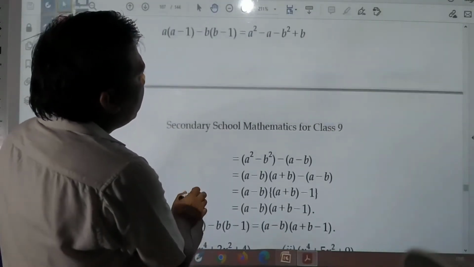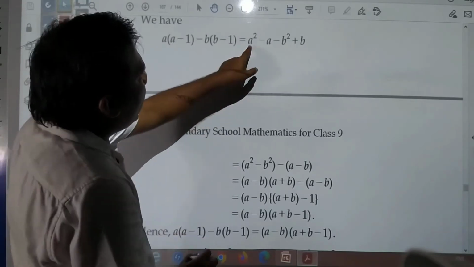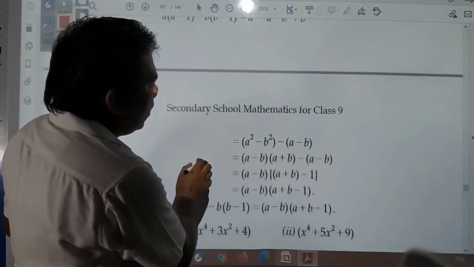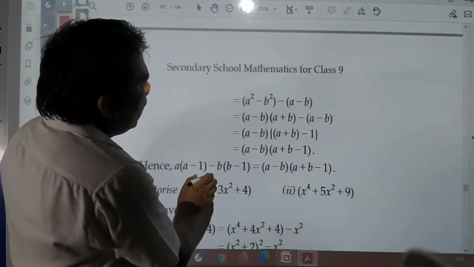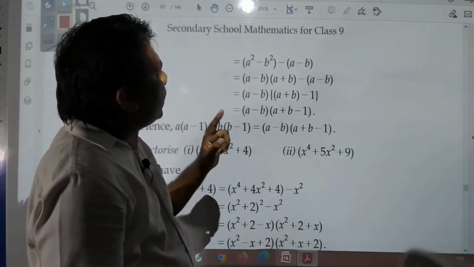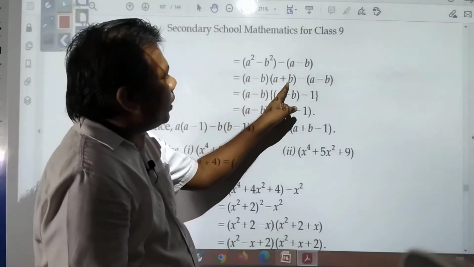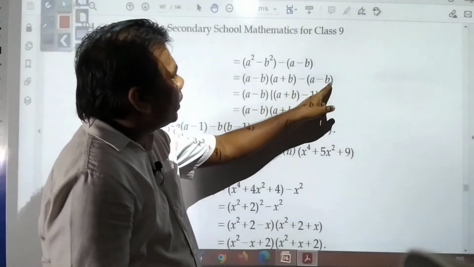Then you have a² − b² − a − b, and then a² − b² is equal to (a − b)(a + b) − (a − b).